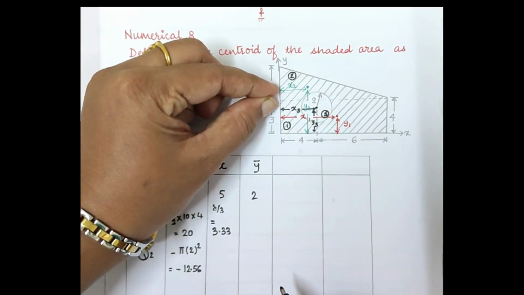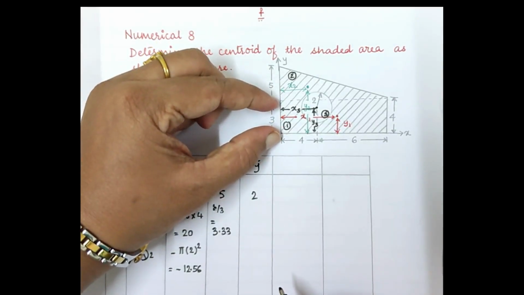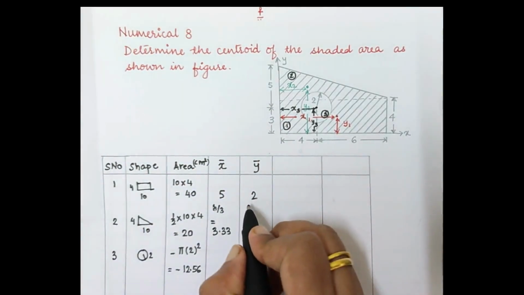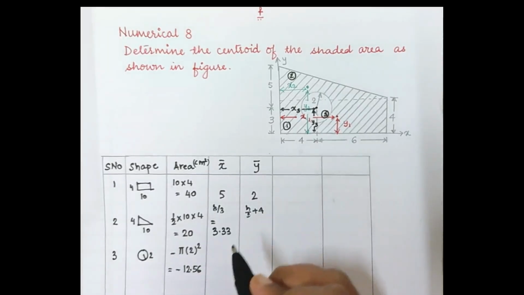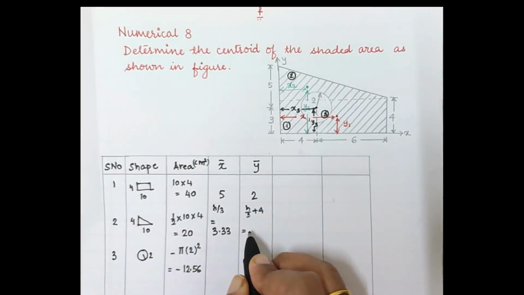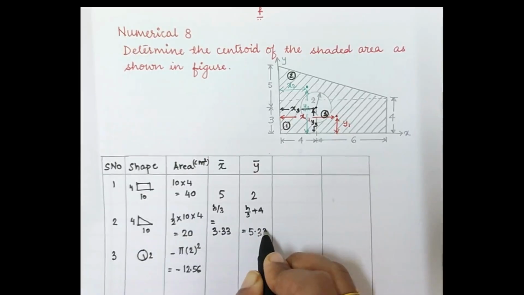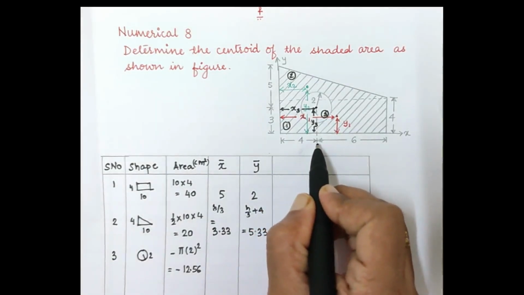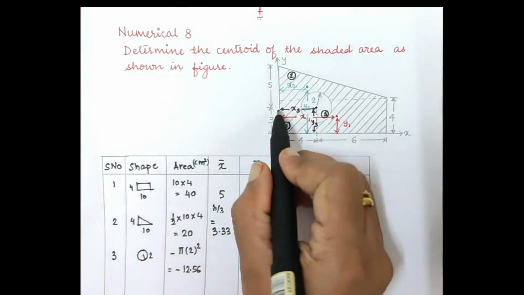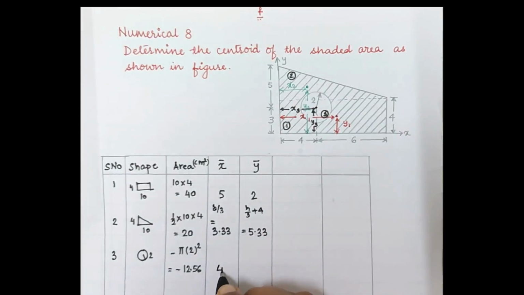We have to take it from the axis, so we have to add the value 4 to it. So this will be h by 3 plus 4, which comes out to be 5.33. Let's go ahead with the circle. It is already mentioned to us that the circle lies at 4, 3. So we take that as 4 and 3.